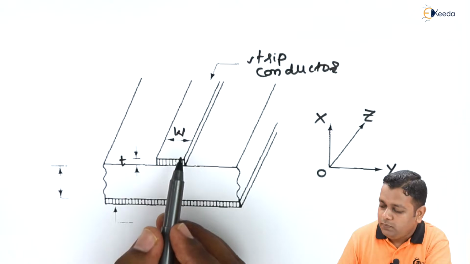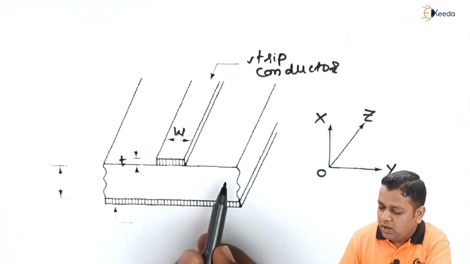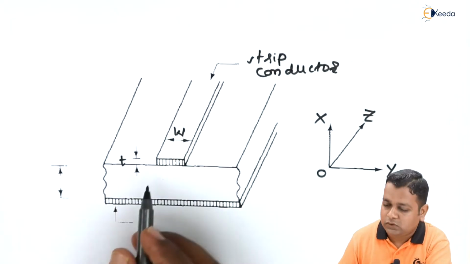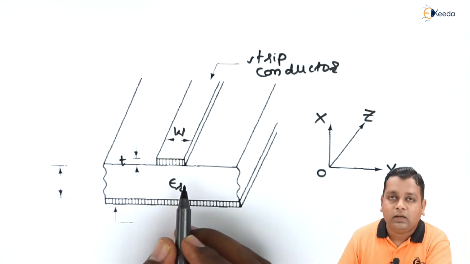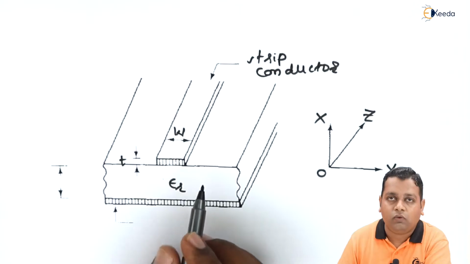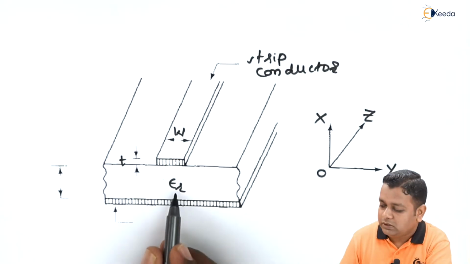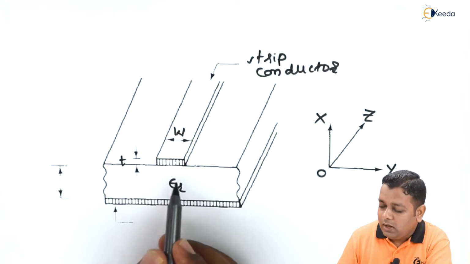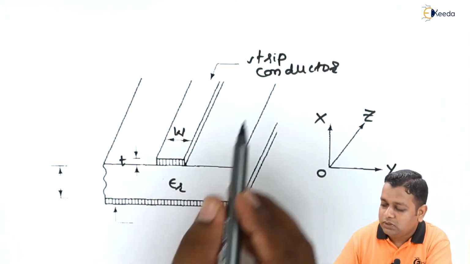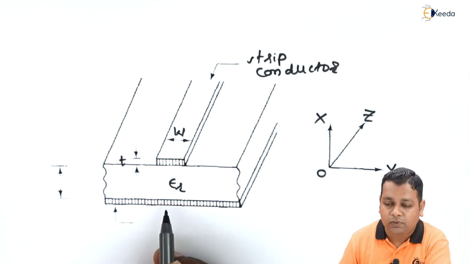Below this strip conductor we have the dielectric material, for which the relative dielectric constant is represented by epsilon r. The dielectric material separates the strip conductor from the ground plane.